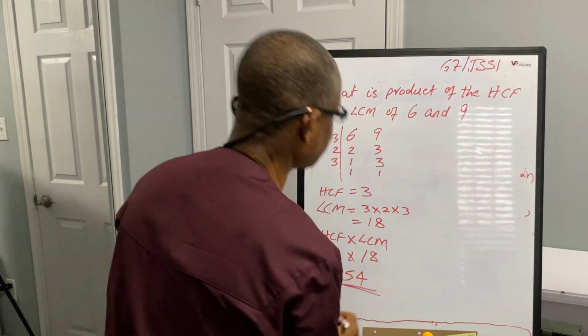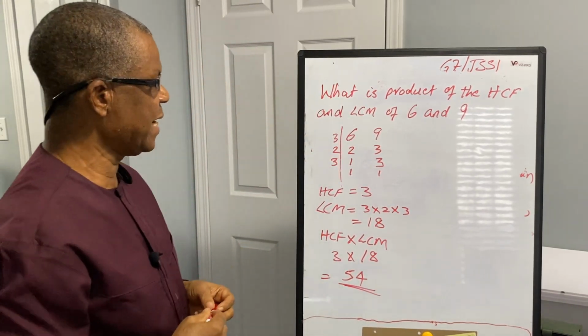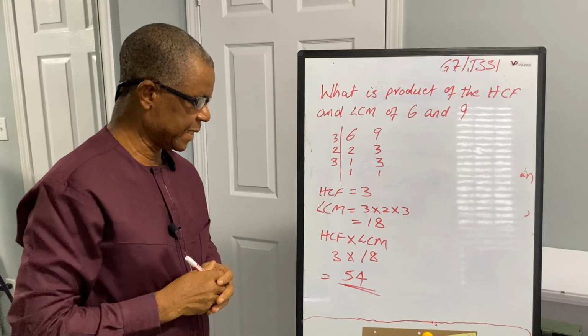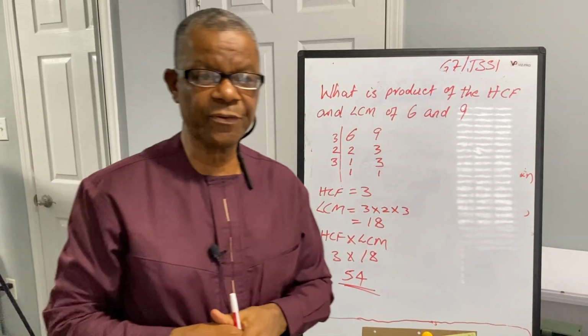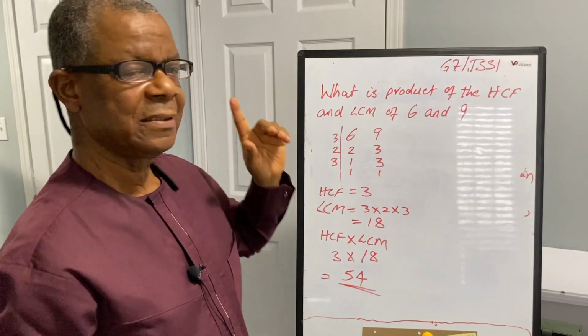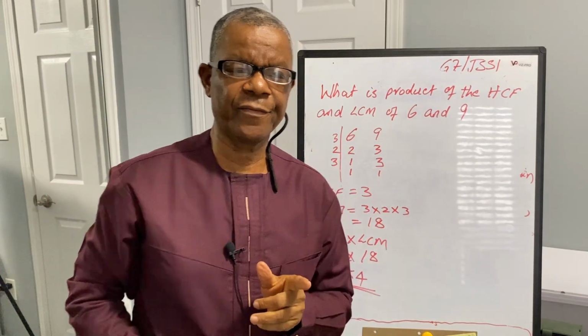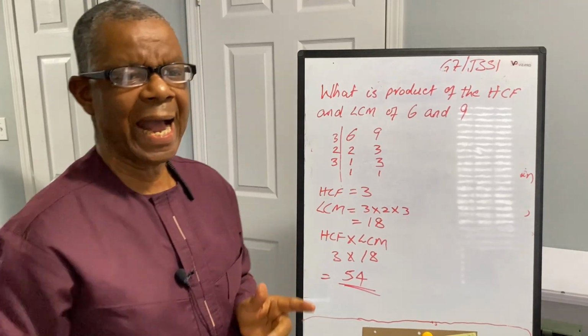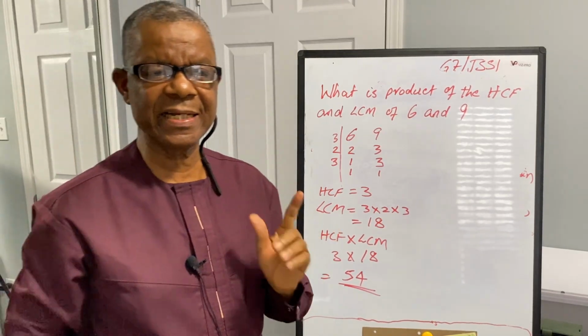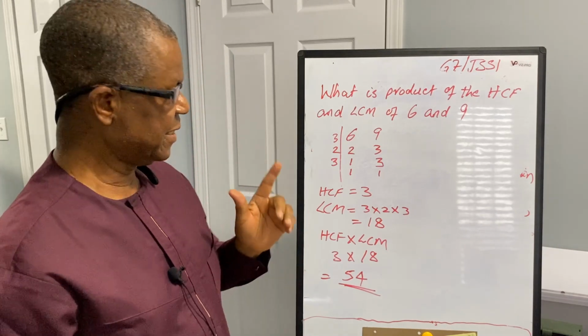So the product of the LCM and HCF of 6 and 9 has given us 54. That is for our HCF or GCF and our LCM, and this is our lesson today.